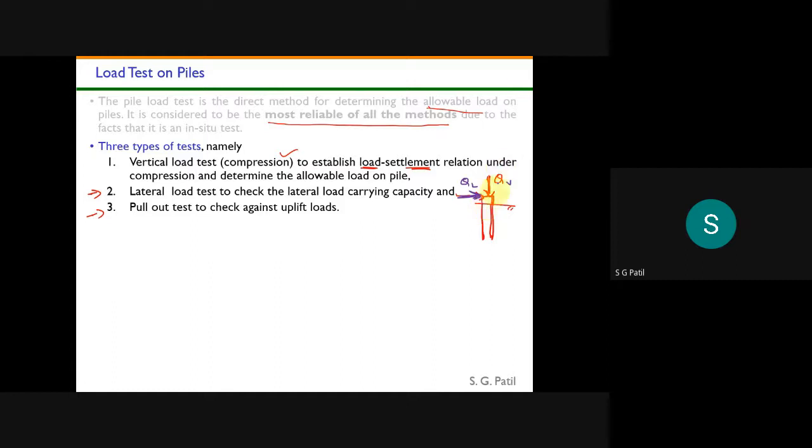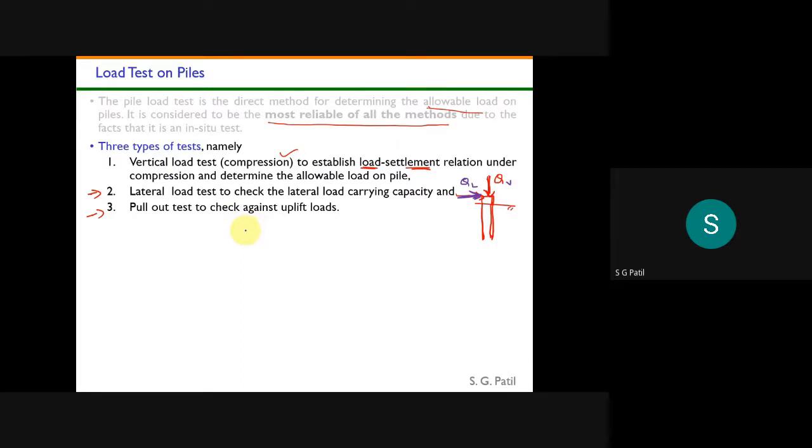That is uplift pressure will be there, because in water, or swelling type of soil, or even if you install these piles to resist pull-out loads, like your anchor load, in offshore structures they will build these anchors.